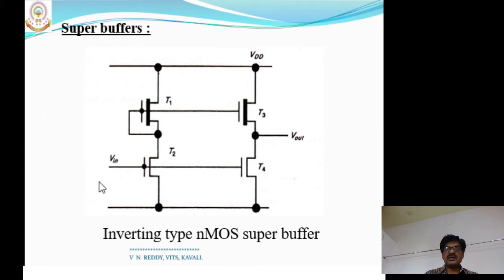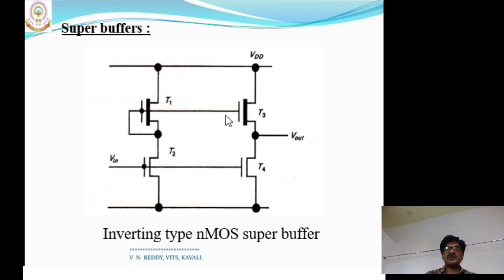Let us see another condition. Now the input is logic 0. With a 0 input, the transistor T2 is in the off mode, which means it acts as an open circuit. Not only T2, T4 also goes to the open circuit mode. With reference to this, the gate of transistor T3 is at VDD voltage, because transistor T2 is an open circuit.